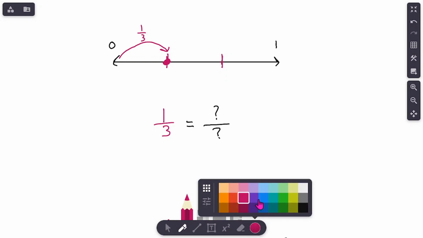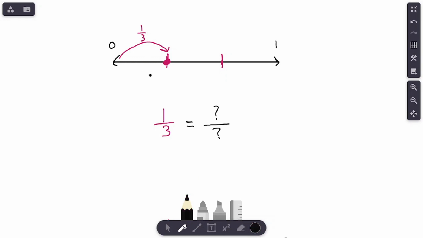So, in our teaching video, what I was pointing out is there's two different ways that we can create equivalent fractions. We can create an equivalent fraction by multiplying our numerator and denominator by the same number, or by dividing our numerator and denominator by the same number.